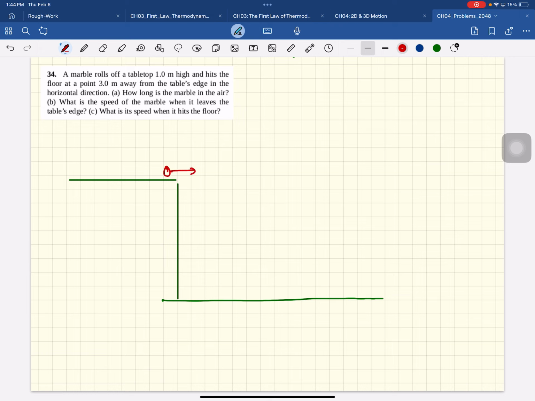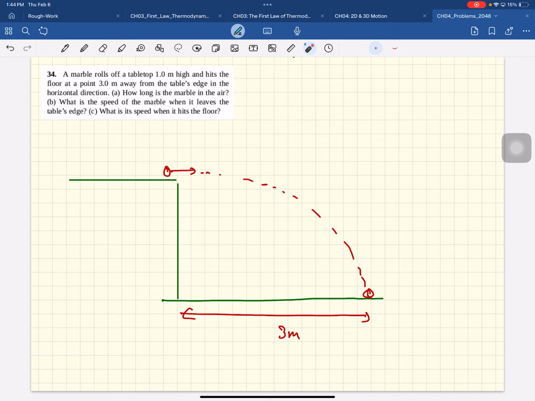It's a horizontal table, so it'll come off the table with a horizontal velocity. And then when it's in the air, it's on a parabolic trajectory because gravity is the only force acting on it. It falls 3 meters away, so this is 3 meters away.